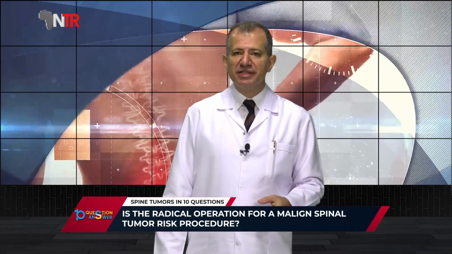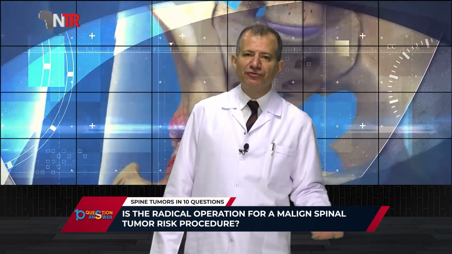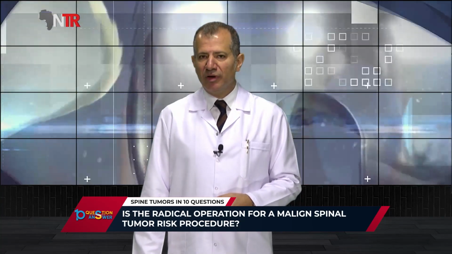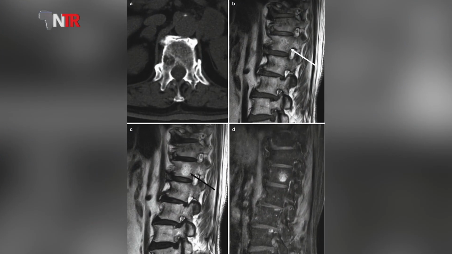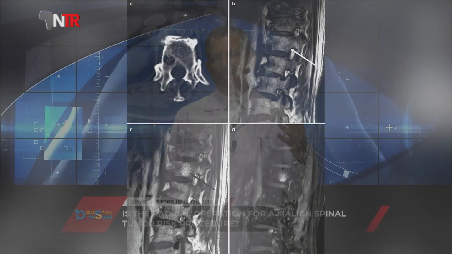Other complications may be paralysis, infection, pathological fracture, or chronic pain after this kind of operation. And you should search for a multidisciplinary and very well established center for your treatment of spinal tumors.